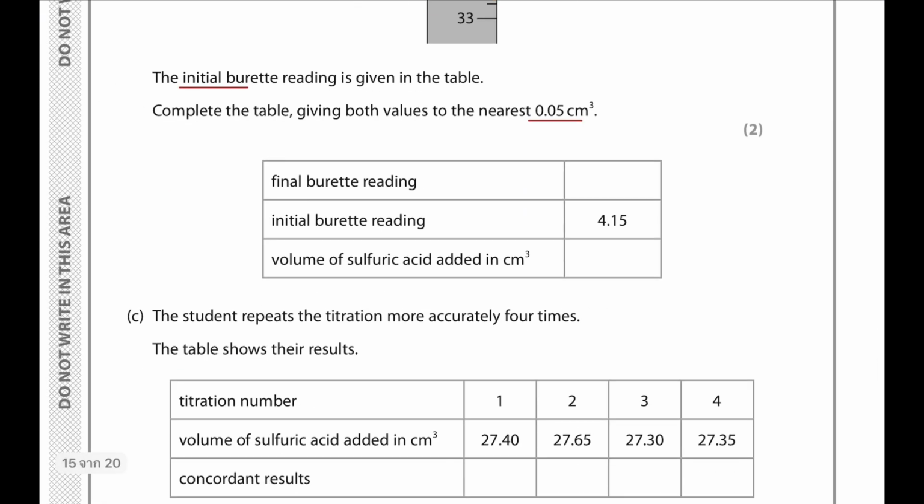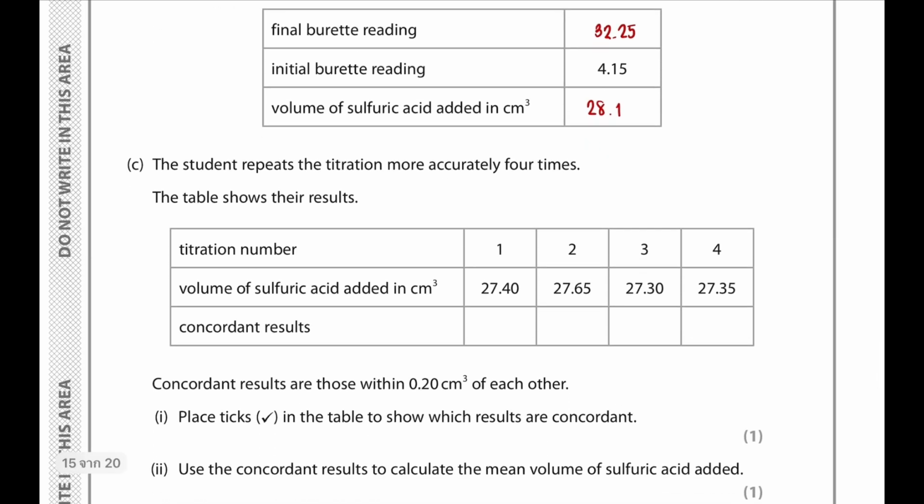Okay. So the volume of sulfuric acid will be equal to 28.1.